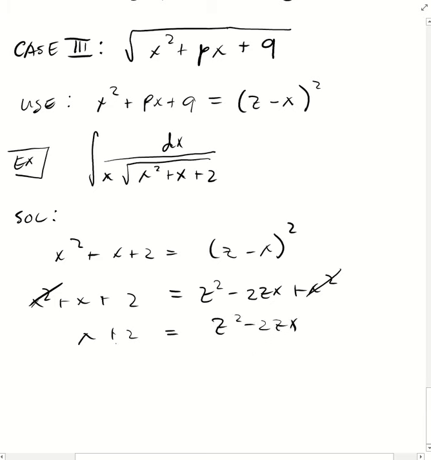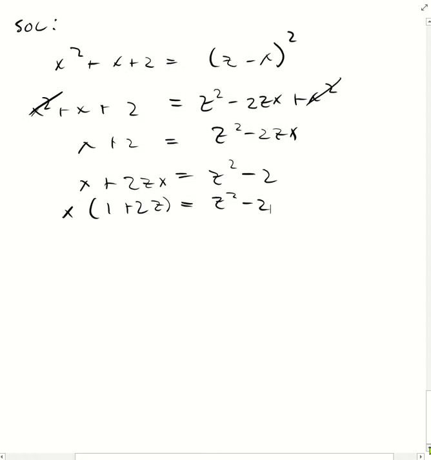I'll put this at the left side, so that this will be x plus 2zx. Then I'll put 2 at the other side, so this will be z squared minus 2. Then I factor out x at the left side, so this will be x times 1 plus 2z equals z squared minus 2. Divide both sides by 1 plus 2z. So x now will be equal to z squared minus 2 all over 1 plus 2z. So that will be our x.